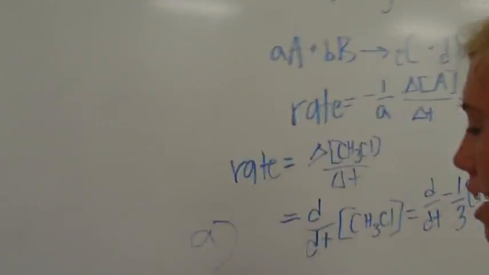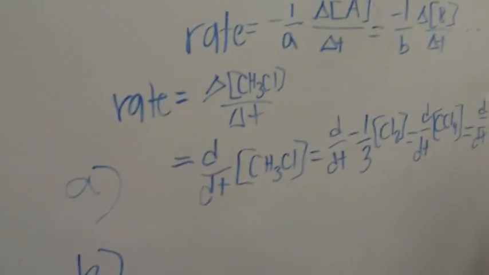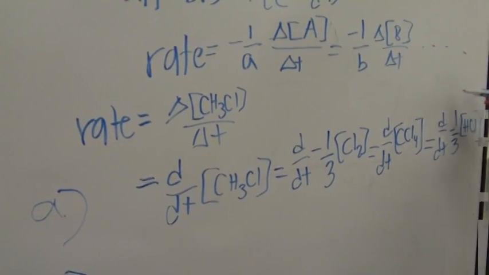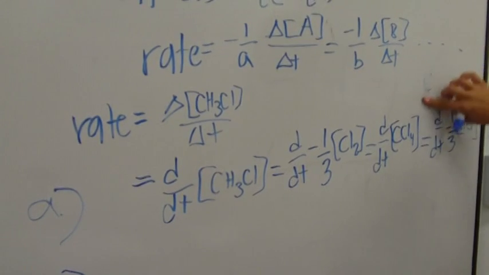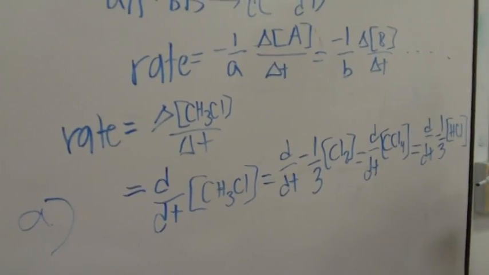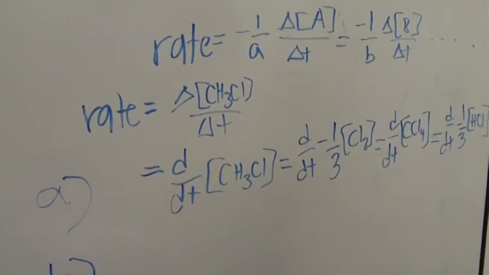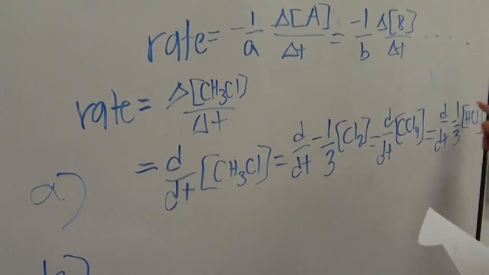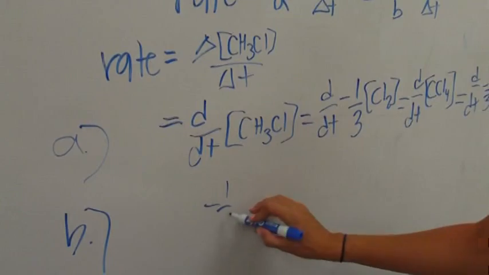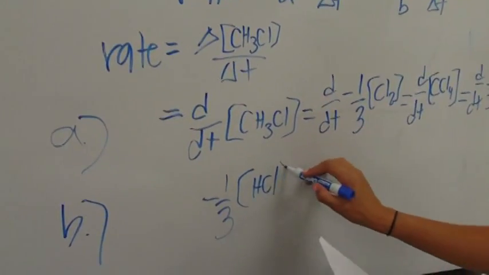Now for part B, it just wants to know, if the rate for hydrochloric acid is equal to 0.029, then what is the rate of the whole reaction? So all you have to do is plug that in to here. So it's going to be negative 1/3 of HCl.